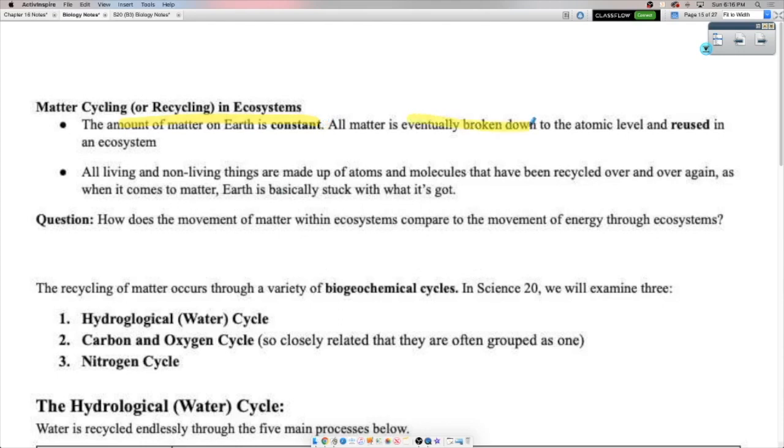All matter is eventually broken down to the atomic level and reused in an ecosystem. Otherwise, we would have run out of water millions of years ago. All living and non-living things are made up of atoms and molecules that have been recycled over and over again. When it comes to matter, Earth is basically stuck with what it's got.